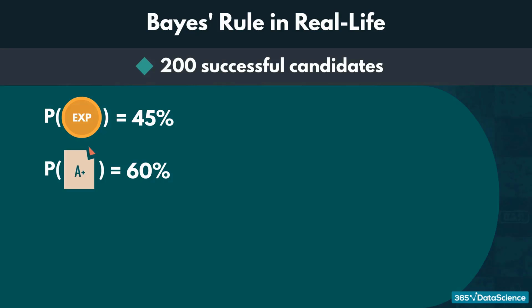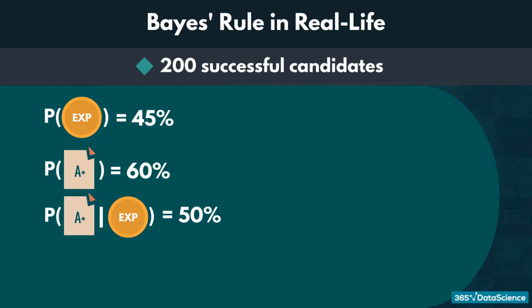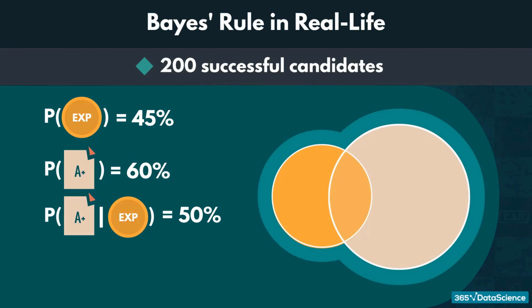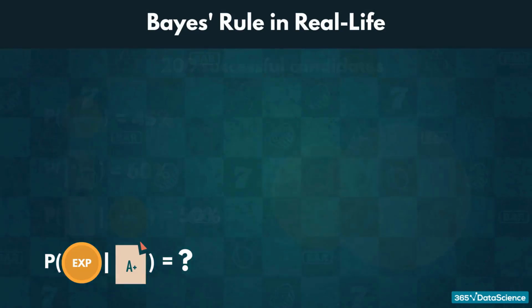Furthermore, we know that out of those 45% who had relevant experience, 50% also performed well academically. To avoid any harsh decisions, we need to compute the conditional probability of the candidate to have relevant experience, provided they had a high GPA.